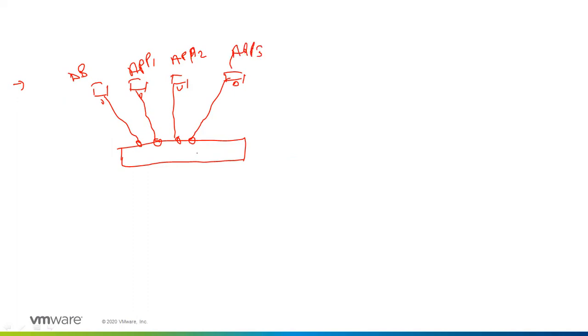So by default, a physical switch always has physical ports, and there could be 24 ports, 48 ports, 96 ports, something like that.